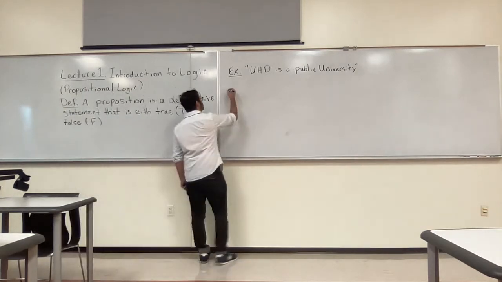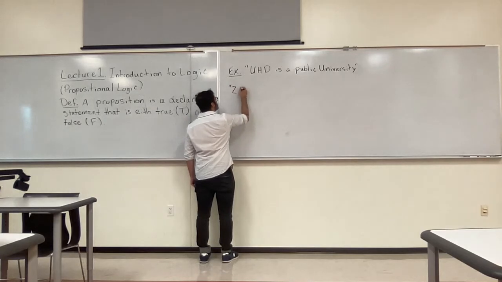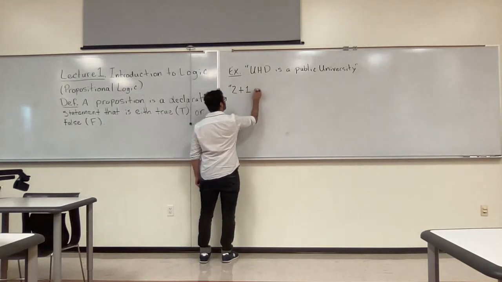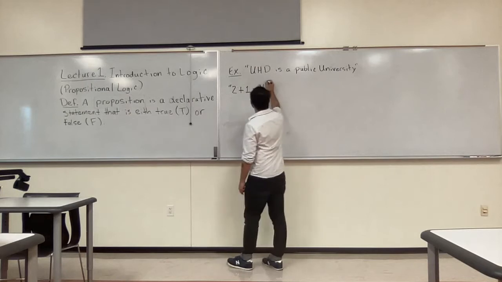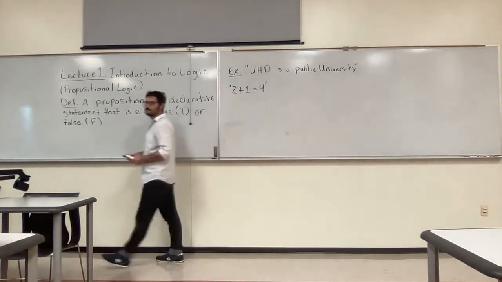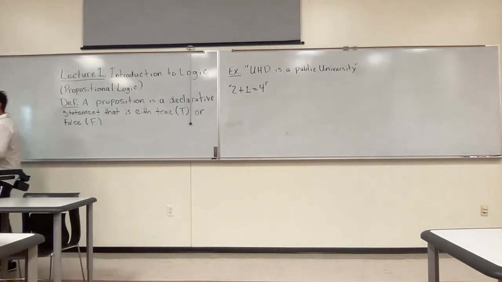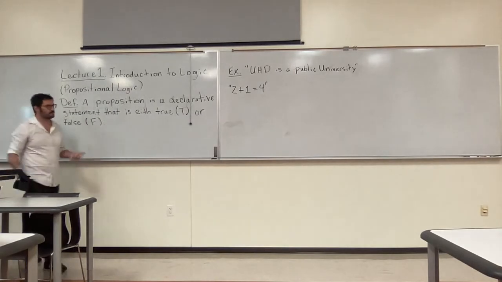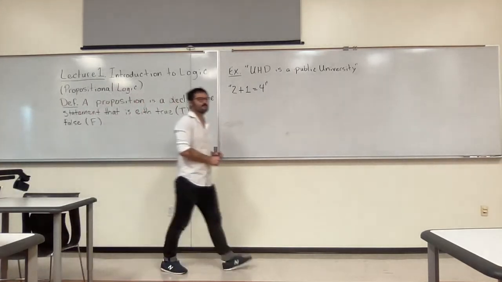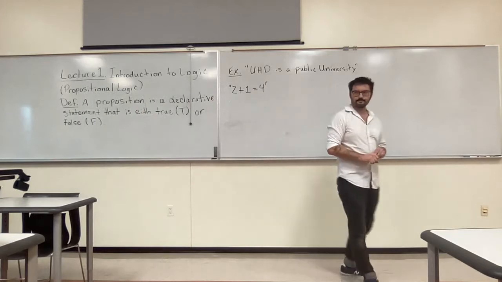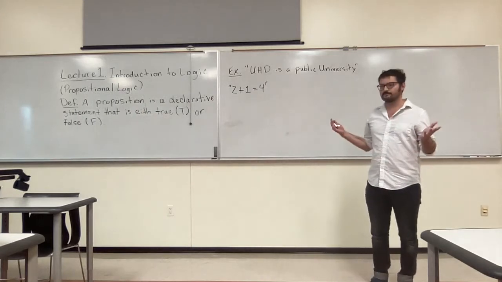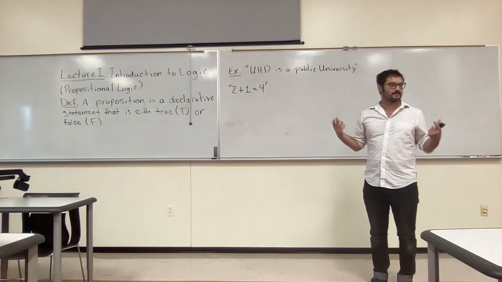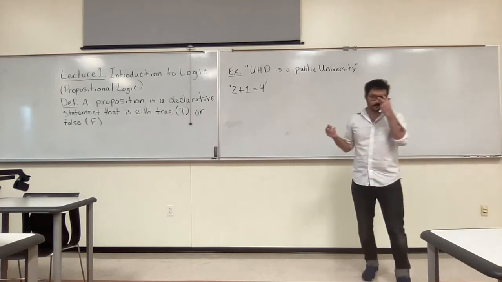Another one would be 2 + 1 = 4. Another proposition, and the truth value of this proposition happens to be false. Pretty straightforward, right? The statement declares something, and you can decide whether or not it's true or false.